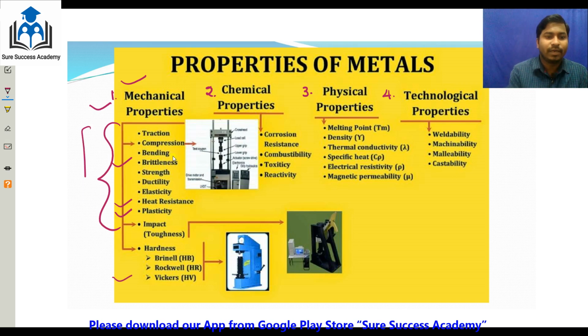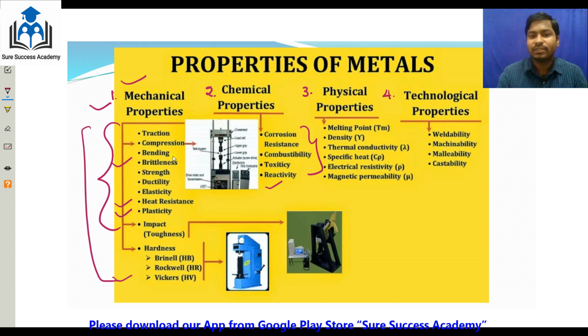Chemical properties are such as corrosion resistance, combustibility, toxicity, and reactivity, properties related to the chemical atmosphere. Mechanical properties are related to the mechanical environment.